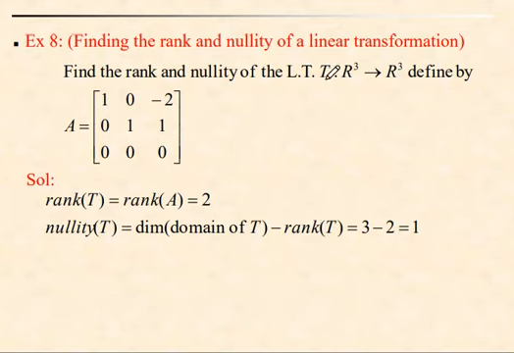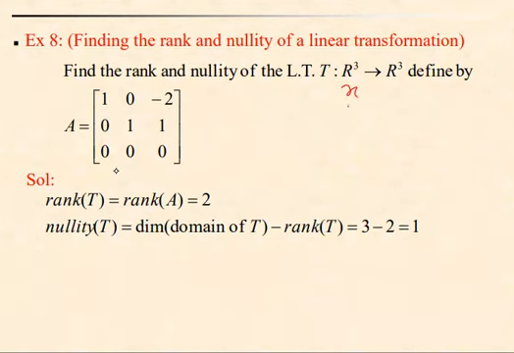They express this transformation in terms of matrices: X in R3 maps into AX, where A is given. So let's find the rank of T and the nullity of T.